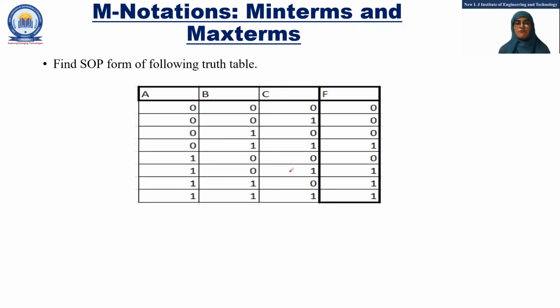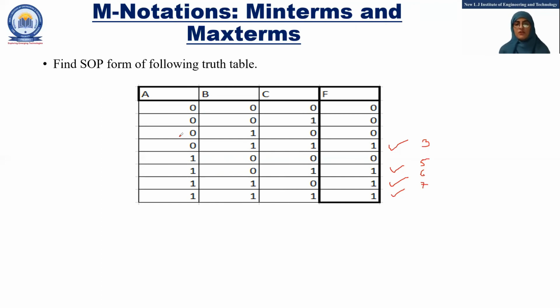Next, we have to find the SOP form of the following truth table. So to find the SOP of this truth table, we have to consider the terms which have output 1. So this term has output 1, this term has output 1, this term has output 1 and this term has output 1, which are rows 3, 5, 6 and 7.